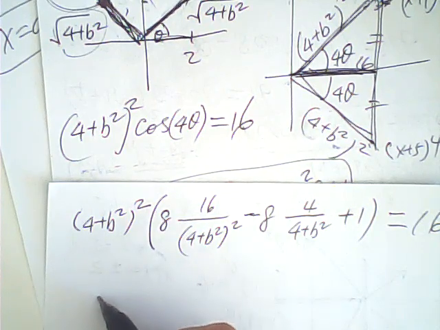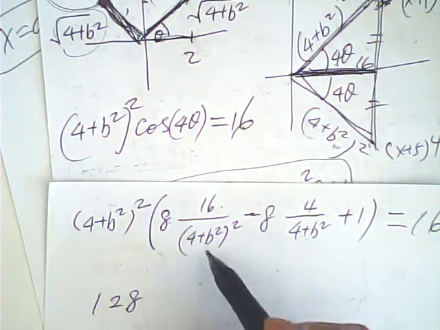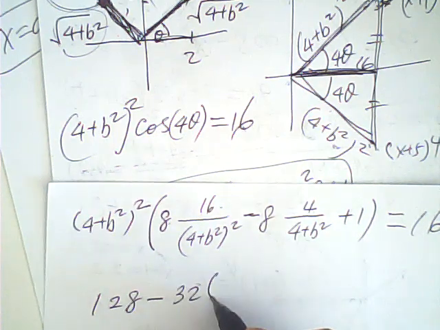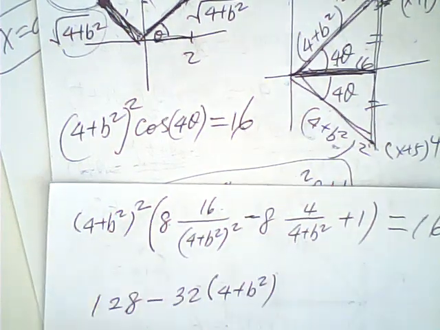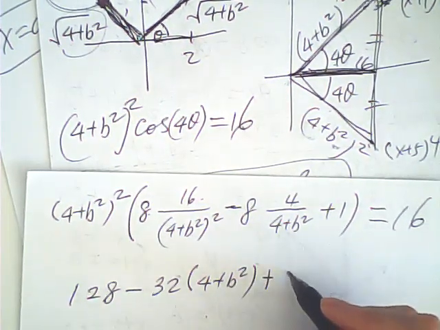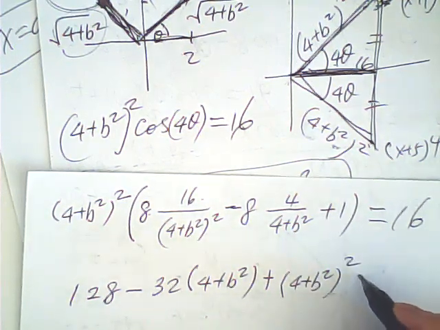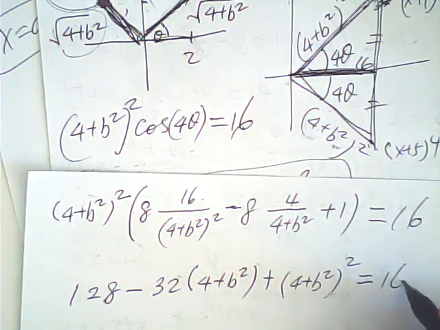Now then, this one goes in. It becomes 128, right? This is cancelled out. Minus 32 times, cancel one of them, plus 4 plus b squared is equal to 16.